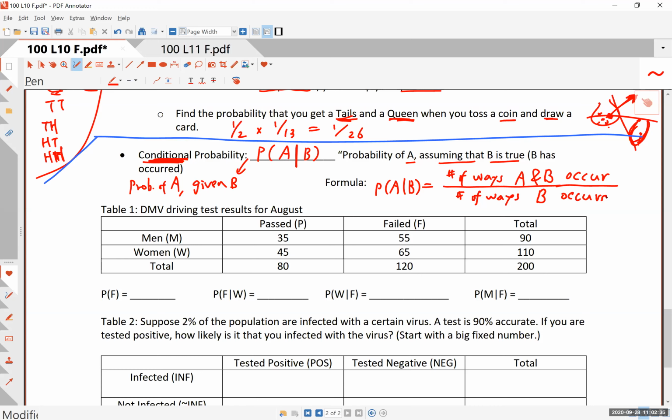Now the reason the denominator, which represents the universe, is the total number, is because we are assuming B has occurred or B will certainly occur, right? So the denominator, which represents everything, is now the whole assumption that B has occurred, which is just counting not the entire total number of ways anything could occur, but the total number of ways that B could occur. And then the numerator is because B has to occur, and you want A to occur also. The numerator, the top, is the number of ways A and B occur.